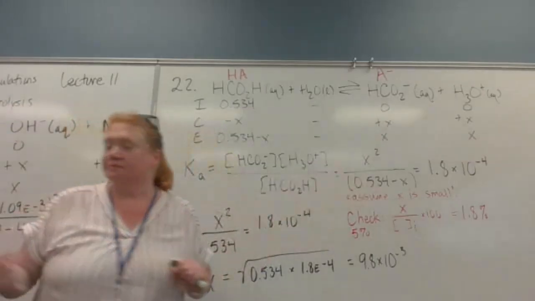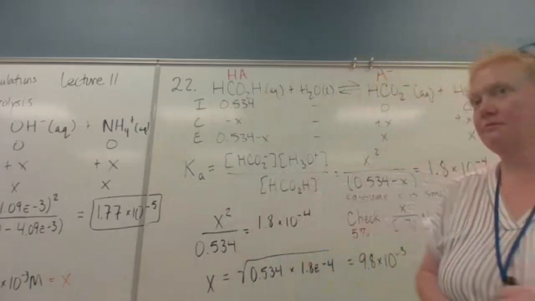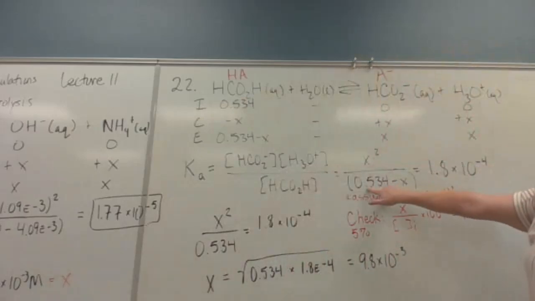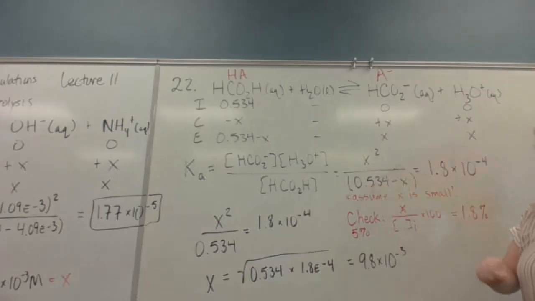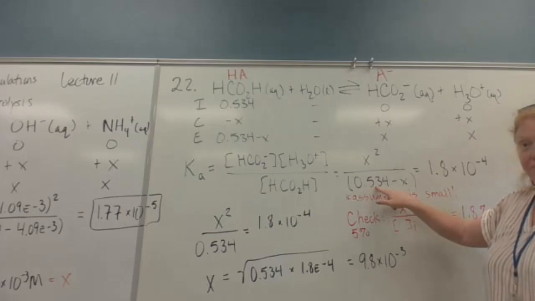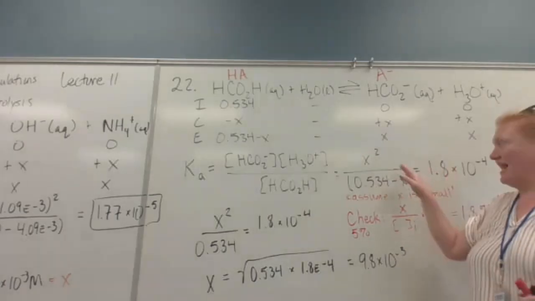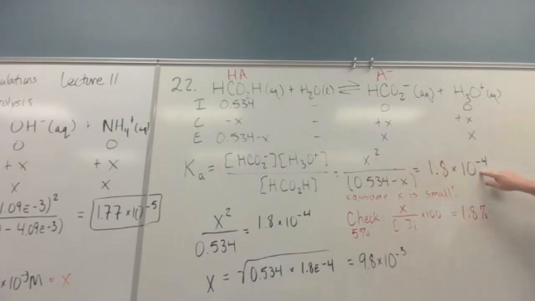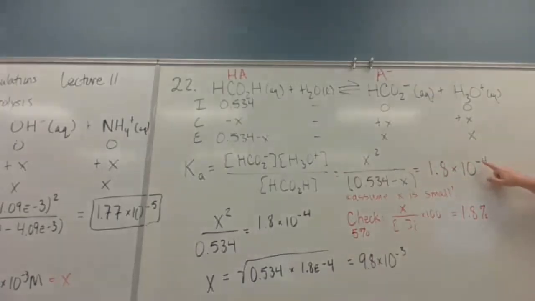So how do you know to make the assumption? I look at the size of the initial, and if I think about it in scientific notation, moving this one place over, that has an exponent of 10 to the negative first. My k value has an exponent of 10 to the negative 4.